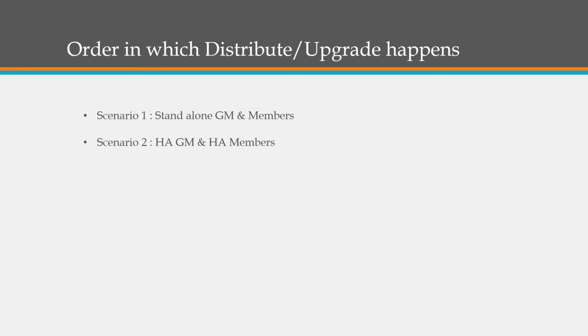During the distribution phase, the active grid master node will, through block sync, distribute to its passive node, and it will also distribute that file, after unpacking the image file, the required files, to all the active nodes of its members. It will not distribute to the passive nodes. It will distribute only to the active node of the HA members.